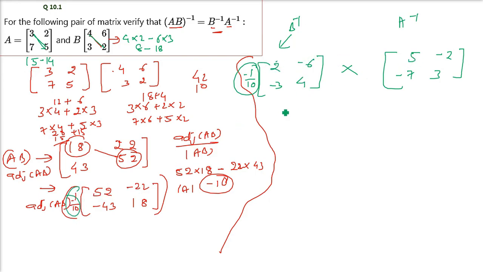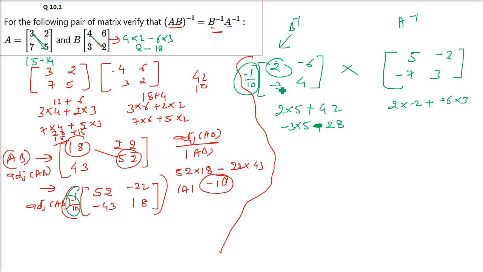Now let us multiply these two, B inverse, A inverse. So I'm multiplying it here, 2 into 5 plus 7 into 6, 42. Now 2 into 2 and 6 into 3, along with the sign. Just keep an eye on the sign also. Minus 3 into 5 plus 4 into minus 7. Just take minus because there is already a minus. Okay.